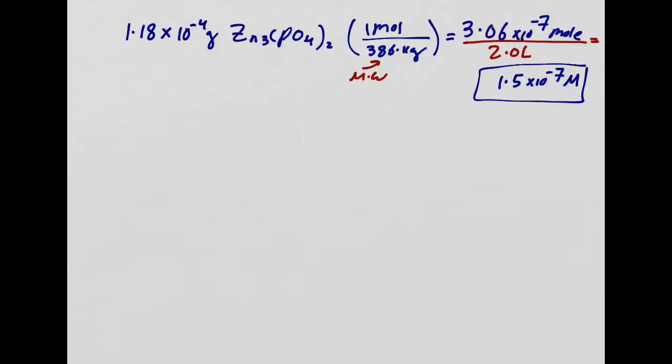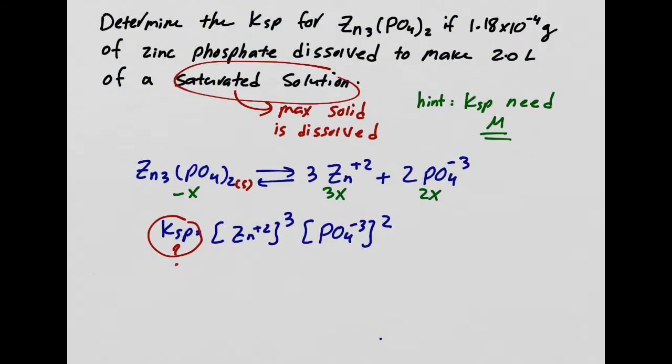Now we can determine the molar concentration of each ion using stoichiometry. This is how much of the zinc phosphate dissolves, right? When the zinc phosphate dissolves, I want the concentration of zinc and the concentration of phosphate. Look over here: when one of these dissolves, how many zinc do you have? 3, and this is 2.